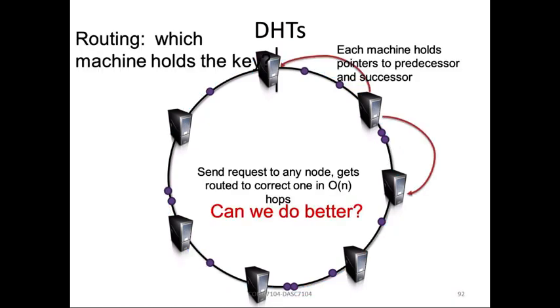Now, in order to figure out which machine holds a certain key, of course, as a user, for instance, sending a read request, we need to basically start somewhere. For instance, we may have as a starting point or an entry point in the system any of the nodes, not necessarily the one holding the data we want. And therefore, we need a way to jump from one node to another until we reach the node having the data we want.